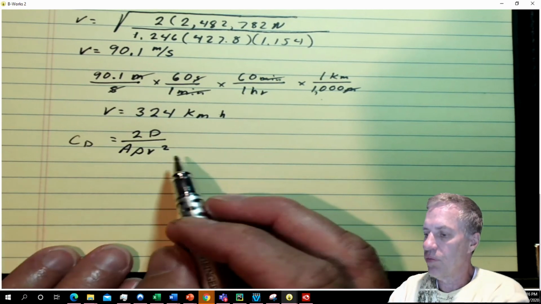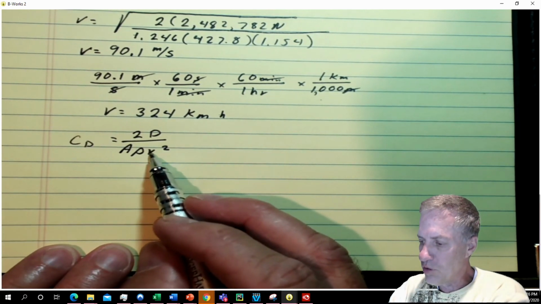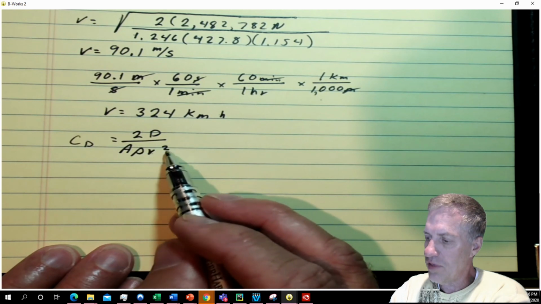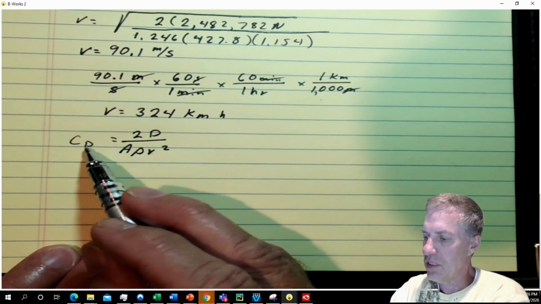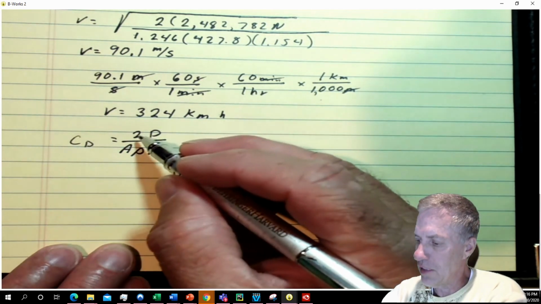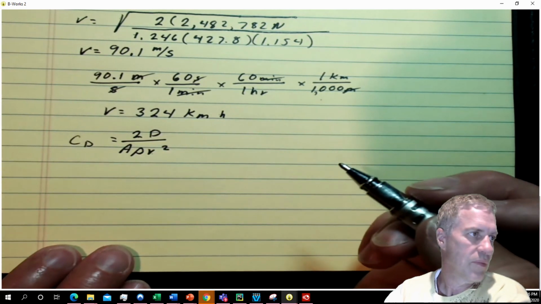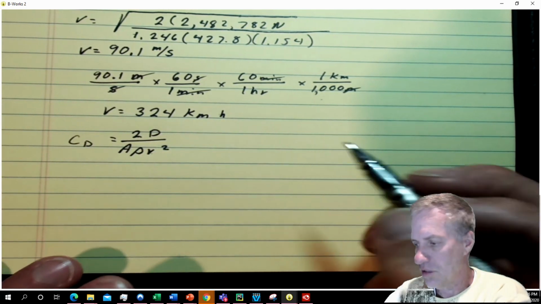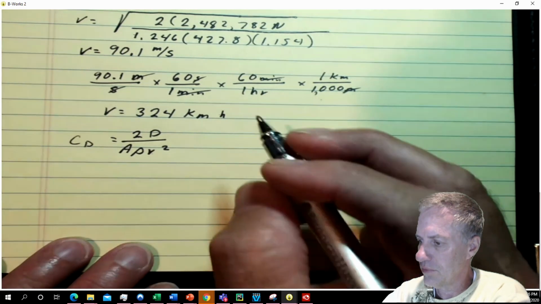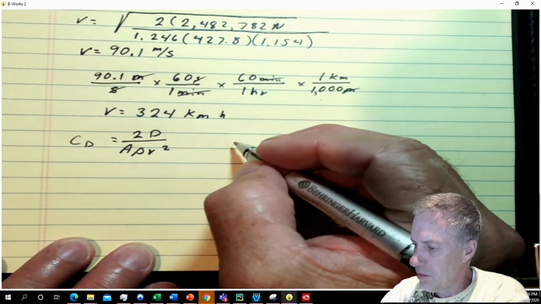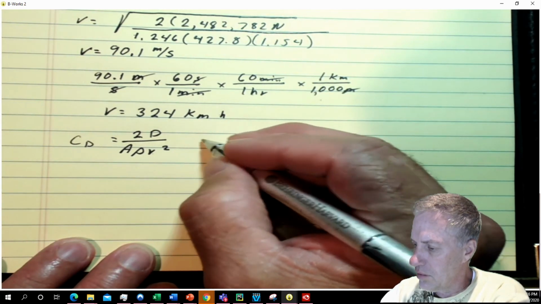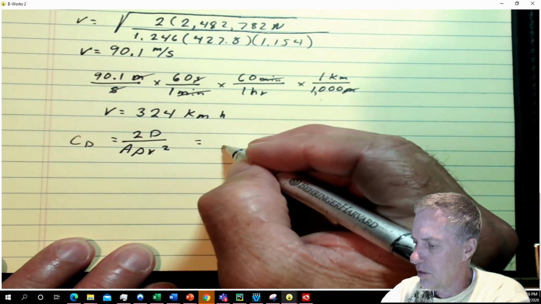So what I'm going to do is multiply both sides times the A rho v squared times the CD and divide by 2. And again, this just goes back to algebra.